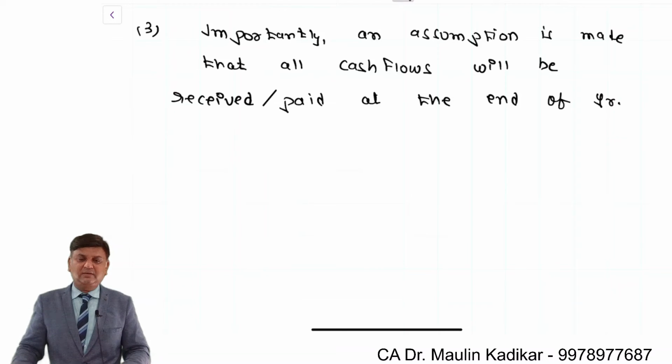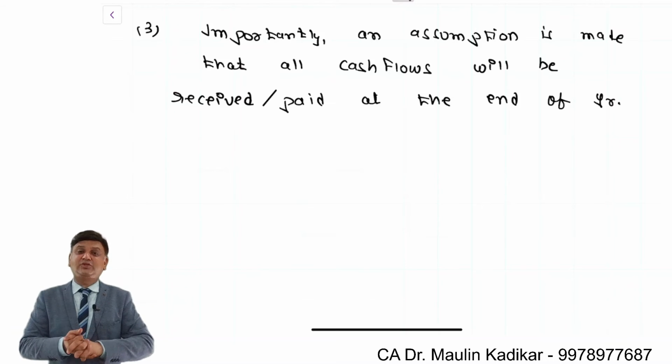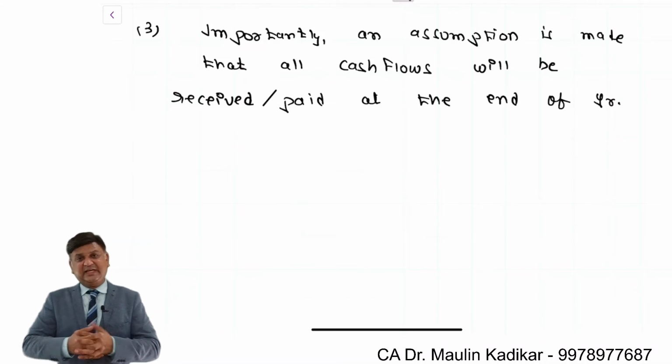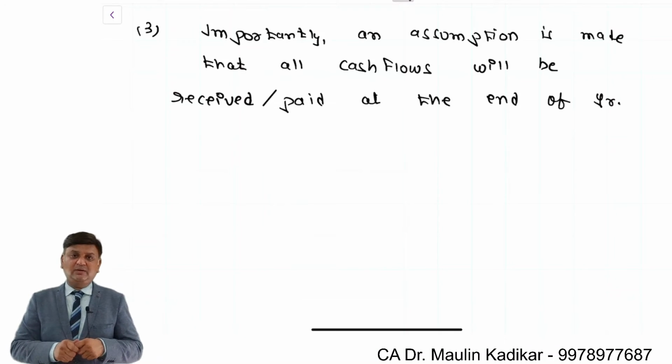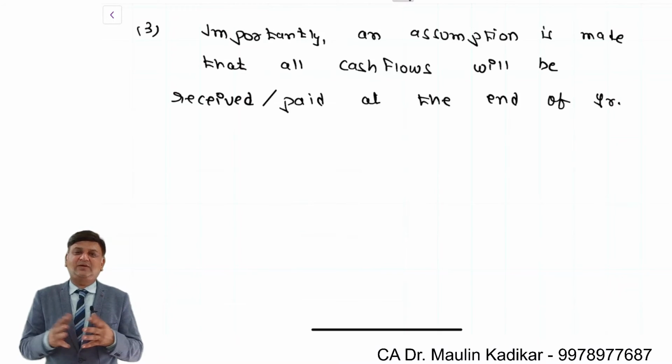Now one important point is that for the majority of the techniques, not for all, financial management depends upon cash flows rather than profit. Financial management is of the opinion that profit is easily manipulated.